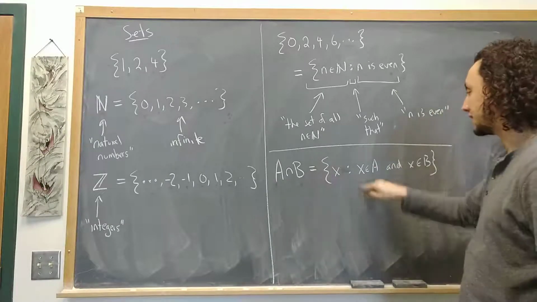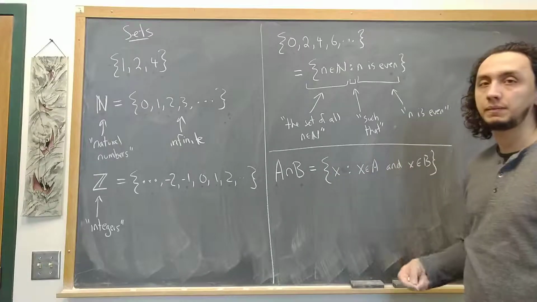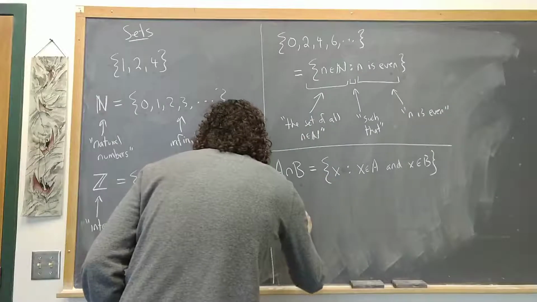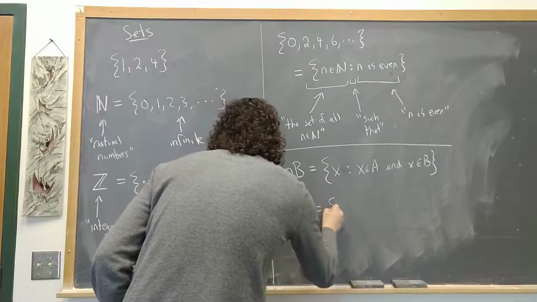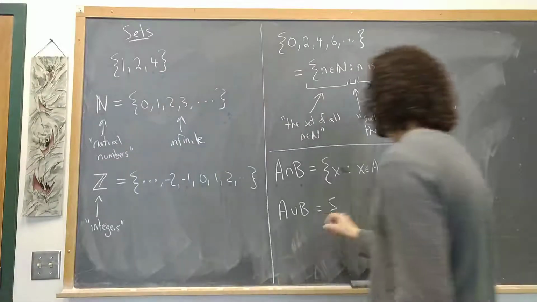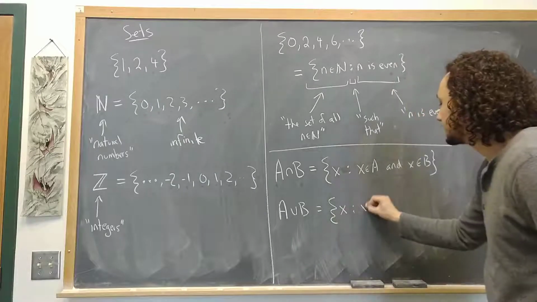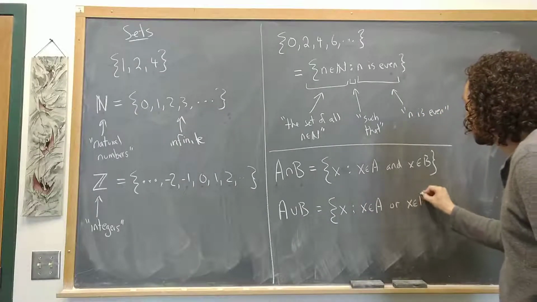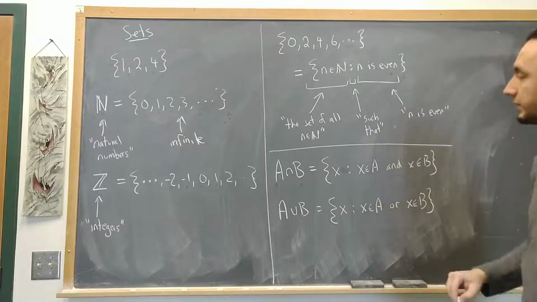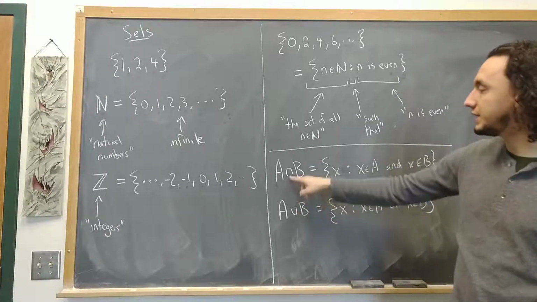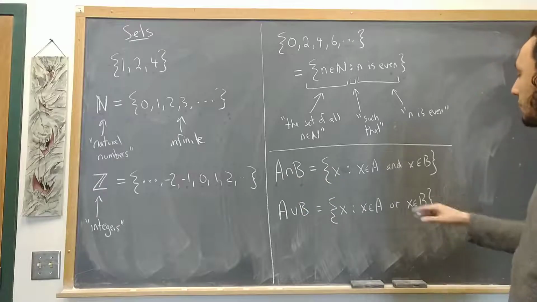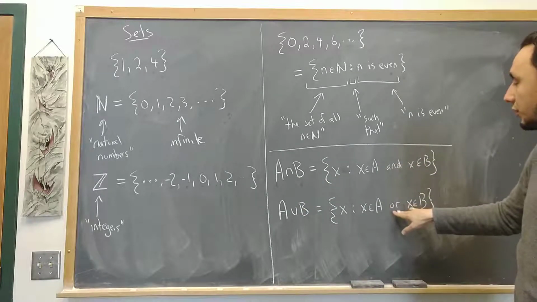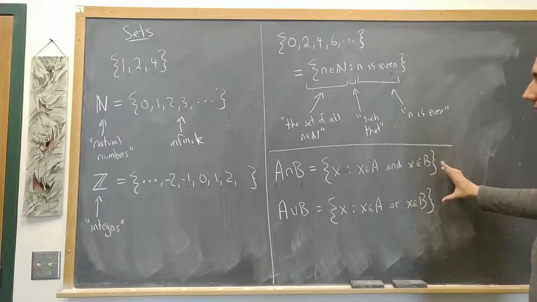The property is it has to be in A and it has to be in B. And similarly, the property that an object has to satisfy to be in the union of A and B, this is the set of all x such that x is in A or x is in B. So we can capture the idea of intersection and union using the properties of conjunction and disjunction, or, with this notation.